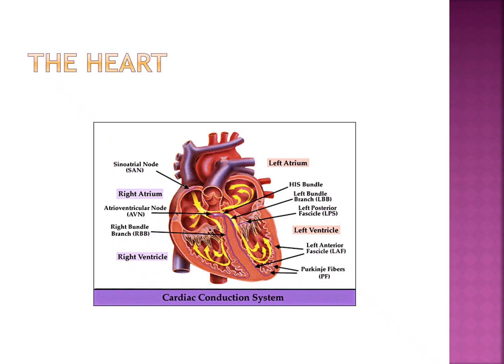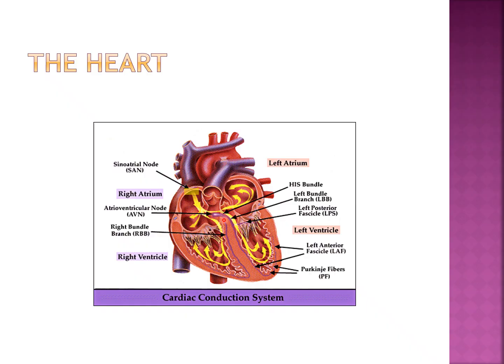So when we look here at the cardiac conduction system, we need to remember that the cardiac conduction starts at the SA node, which is up here. So here's our SA node, and then it follows on down to the AV node, and from the AV node we go down into our bundles of His and our Purkinje fibers.